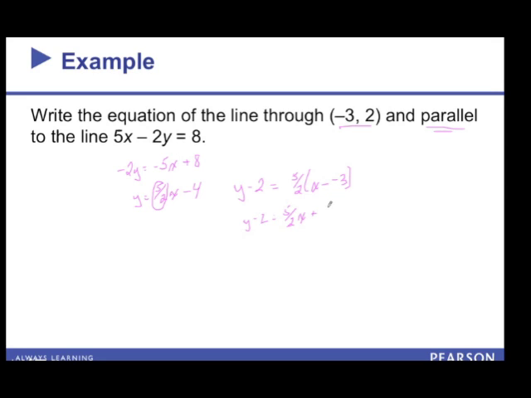This will be plus 15 halves. Y will equal 5 halves x. Remember, our 2 we're adding to each side would be 4 halves, so this is plus 19 halves. That would be the equation of our parallel line.